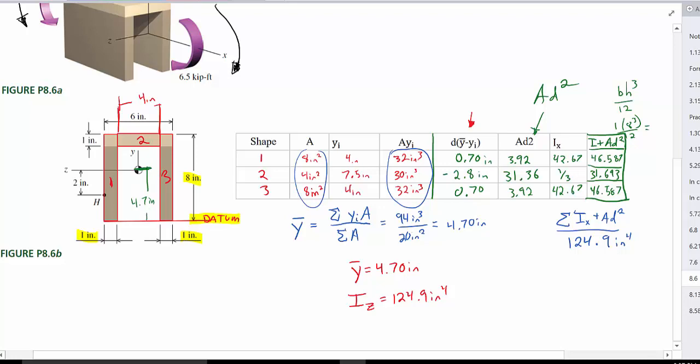So we need to determine our section modulus, the controlling section modulus.